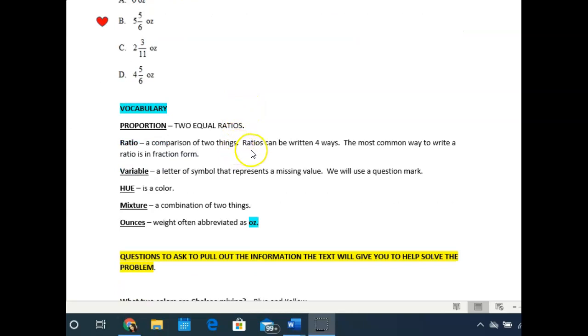Now, the ratios can be written in 4 ways. We can use a colon, the word to, the words out of, or write it as a fraction, in fraction form. It's very important that we know that ratios are not fractions. Instead, we are comparing 2 things, not finding parts of wholes. But it will look like a fraction because we're going to be using the fraction bar.